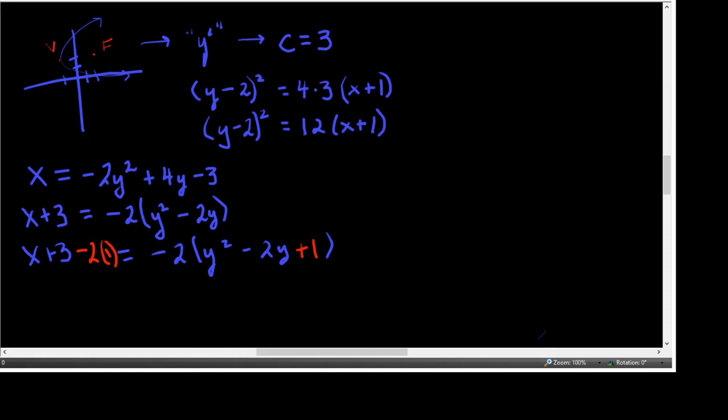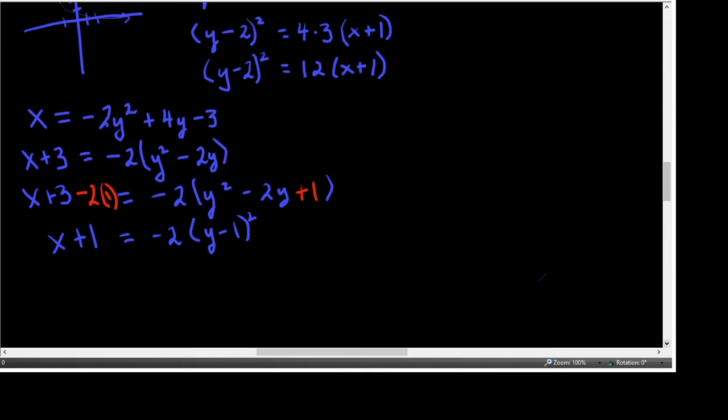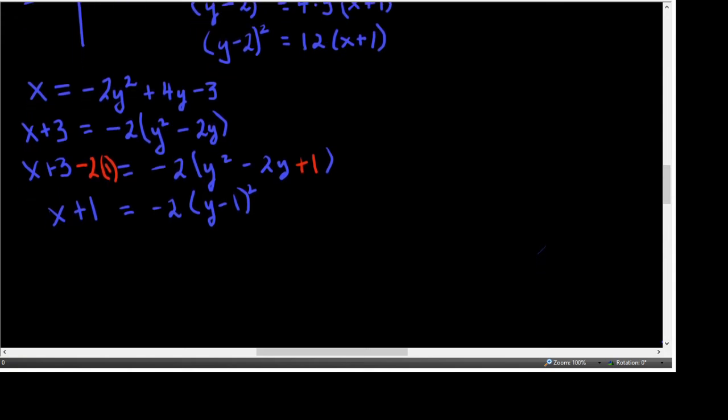All right, so doing the arithmetic, that'll become x plus 1 equals negative 2 times the quantity y minus 1 quantity squared. And then the very last step is that the squared part of the equation has to be by itself. That negative 2 coefficient cannot stay there.